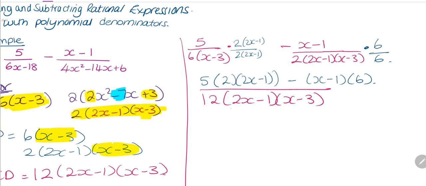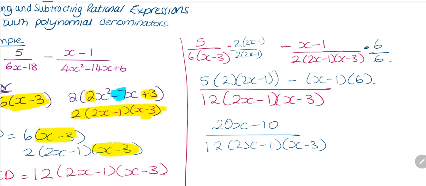So let's multiply out these brackets. 5 times 2 is 10, 10 times 2x is 20x, and 10 times minus 1 is minus 10. And this is all over 12, 2x minus 1, x minus 3.